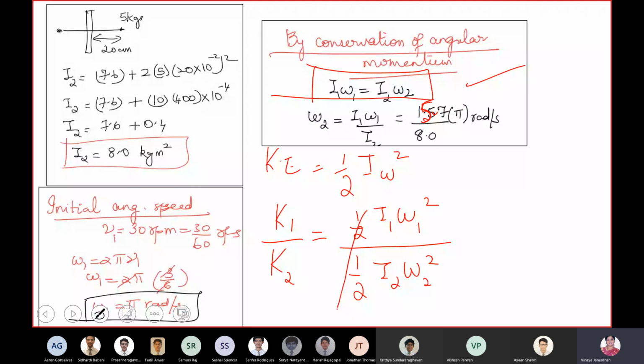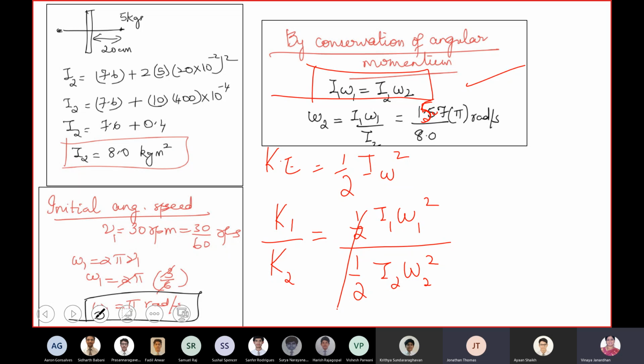Now, can you check this value? What is the value of K1 by K2? I think we can leave it at pi only because the first one also has pi, so pi can cancel. Now calculate this, boys. What will be K1 by K2? Angular speed means omega, ma'am. Omega.